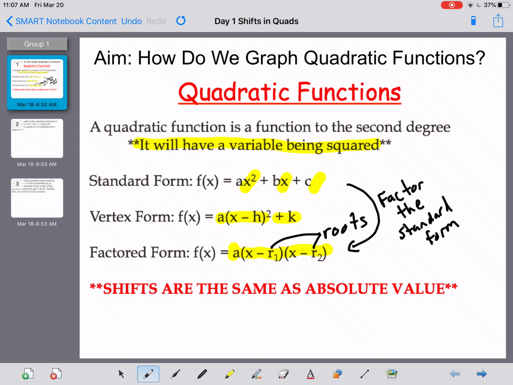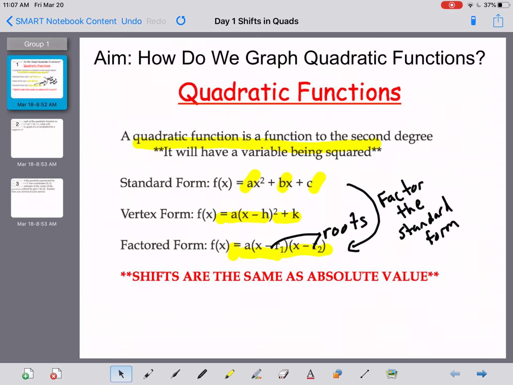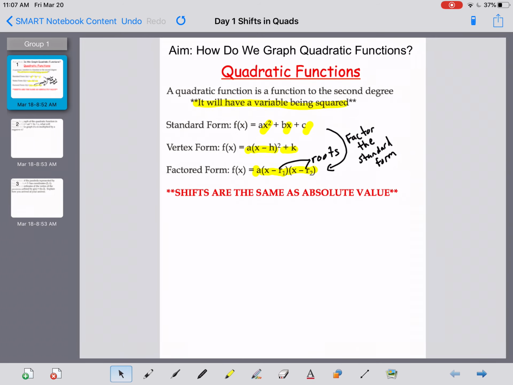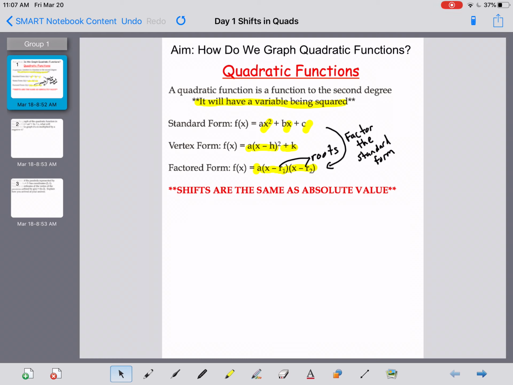Now the shifts in a quadratic function for the graph are the same as the shifts in an absolute value. The only difference is what the graph looks like. The graph of a quadratic function will look like a U shape.